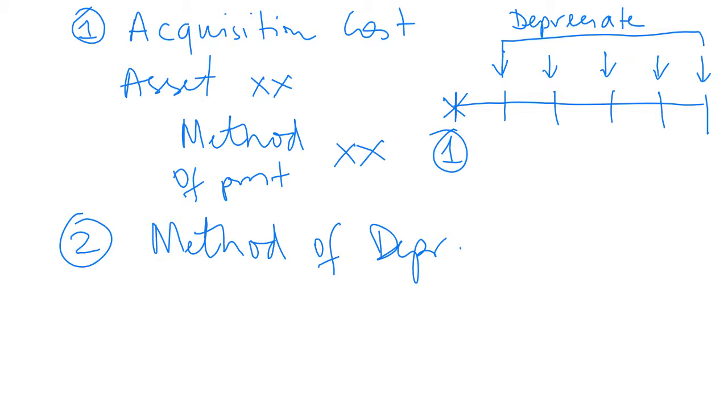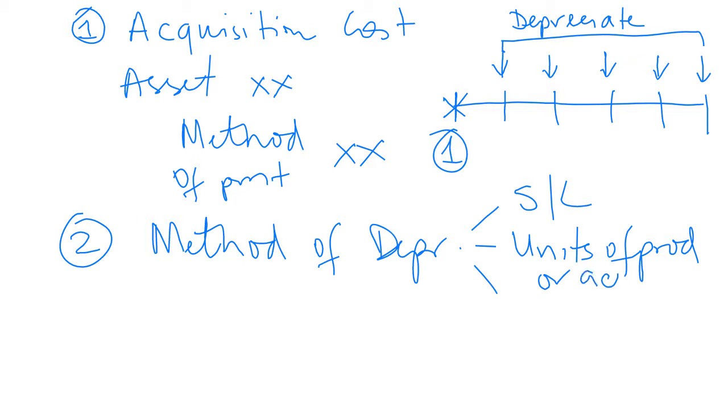There are 3 methods of depreciation: straight line, units of production, or activity. Some books refer to this method as units of production, others refer to it as units of activity, and the last method is the double declining, or the accelerated method of depreciation.